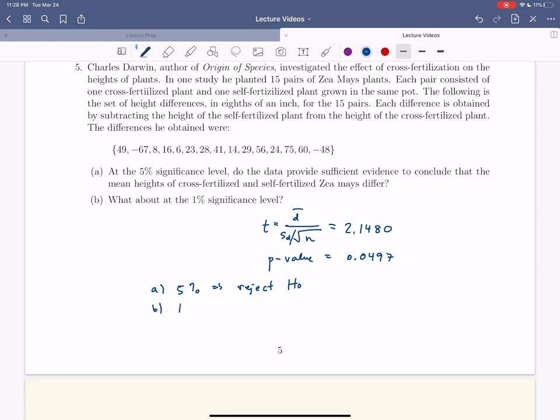At the 1% significance level, there's not enough evidence, so we do not reject the null hypothesis if we have a 1% significance level.